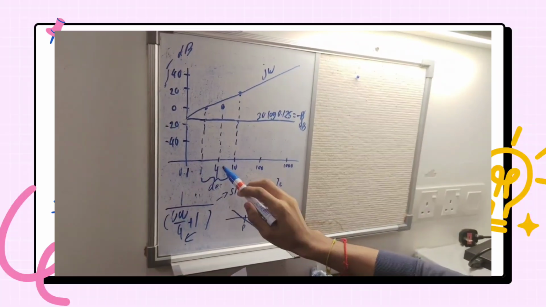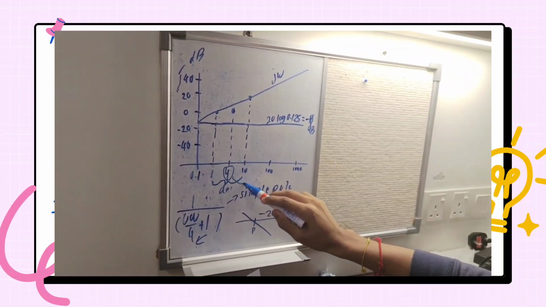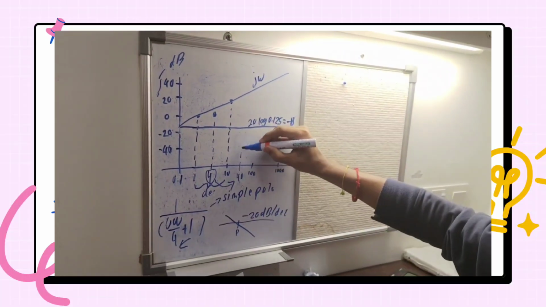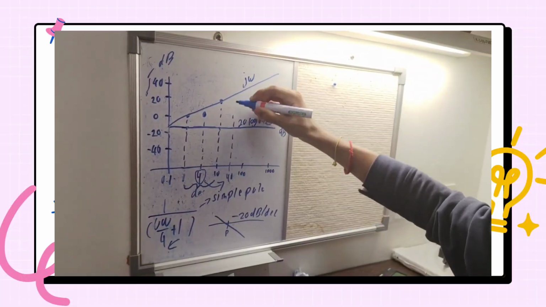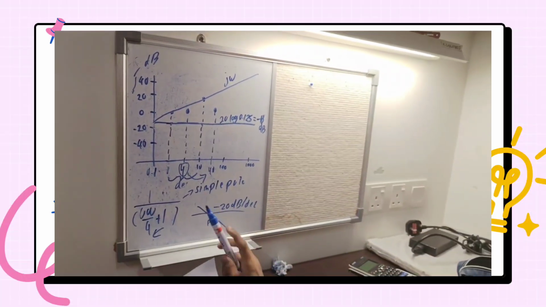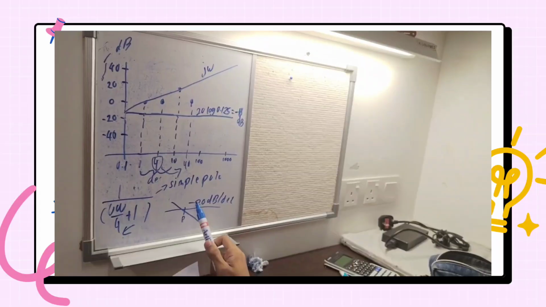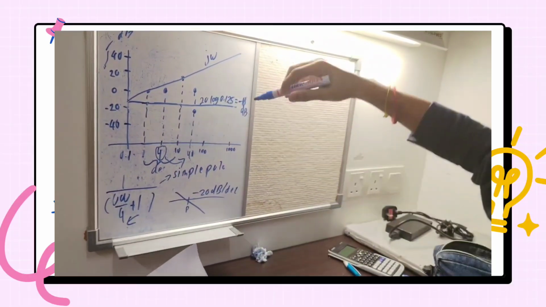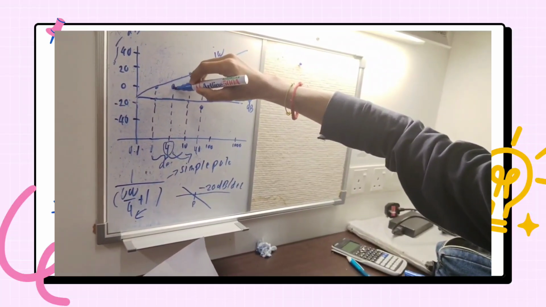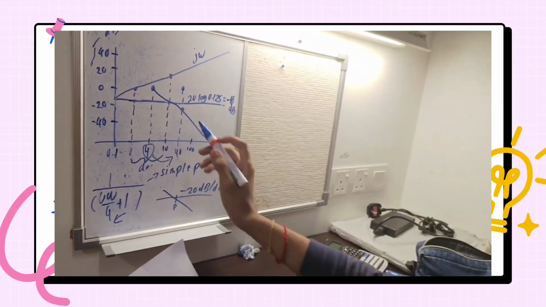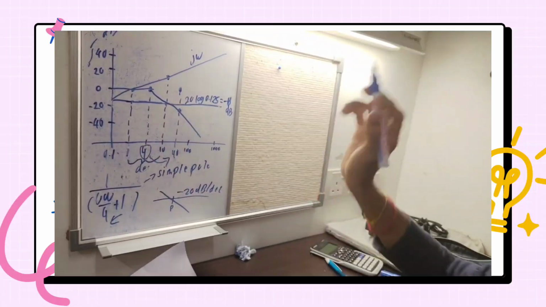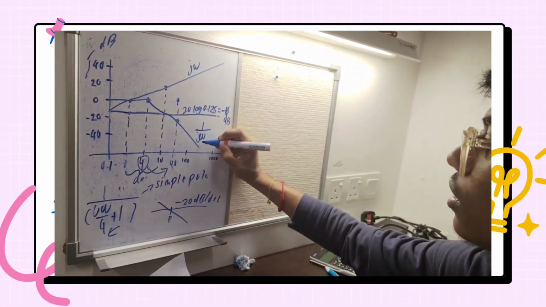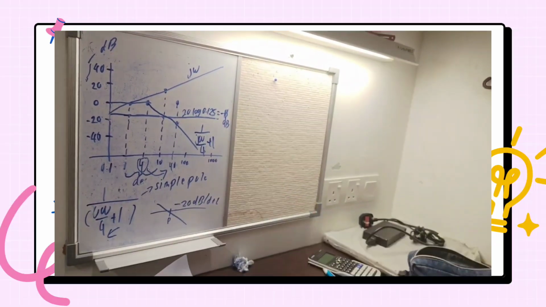If we take 4, then we also have to take 40, because it is a decade. Because it's a simple pole, we need to decrease 20 dB, so we plot a point here. Let's sketch a straight line.